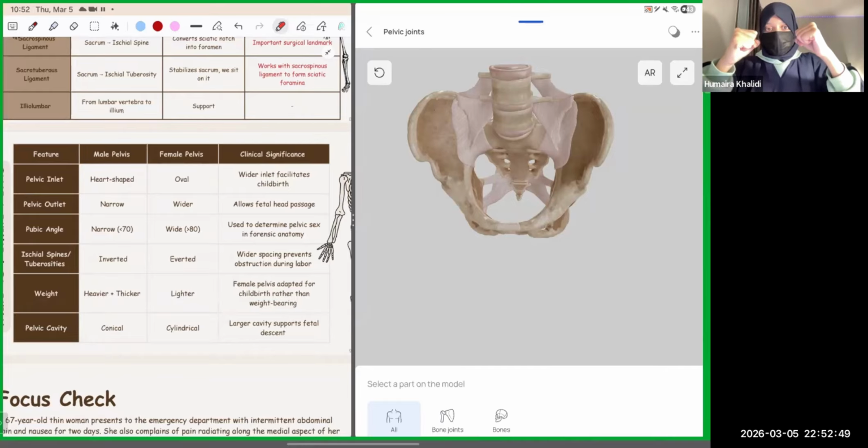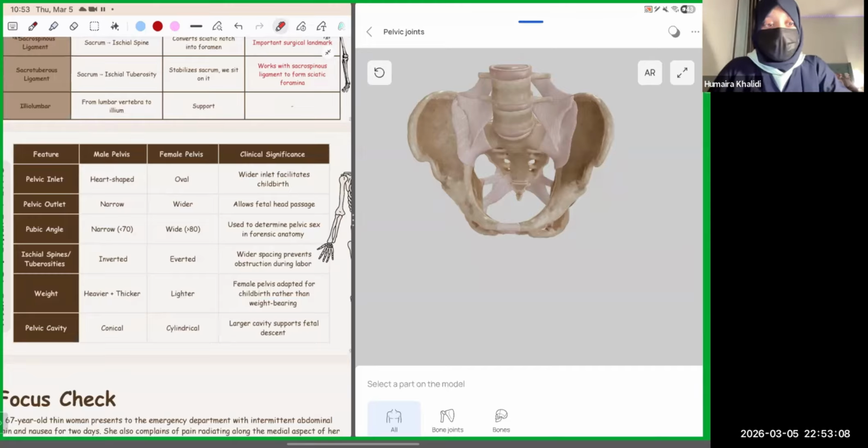So it's inverted from here and it's everted from here. And for the female pelvis, it's like this. The reason it's this way is because, again, for birth, the baby needs to come here and then pass through.